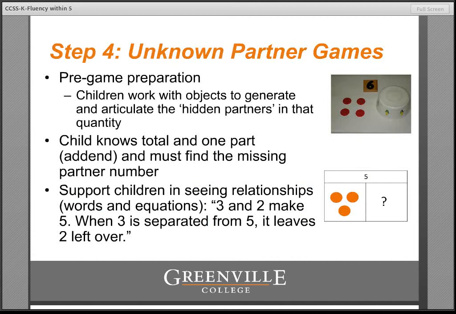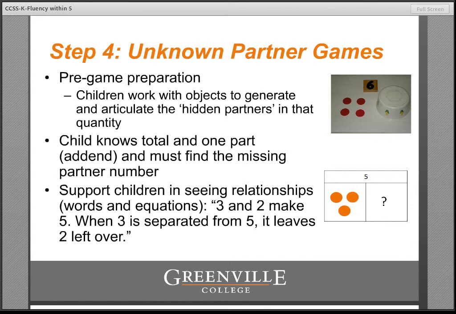And finally, when children get to the point where they can do that, we can move into unknown partner games. I find that the unknown partner games are pretty difficult for kindergarten children without some pregame preparation, and they will continue to be difficult for some learners. But a pregame preparation means that children sort of explore the number before they go right into the game.